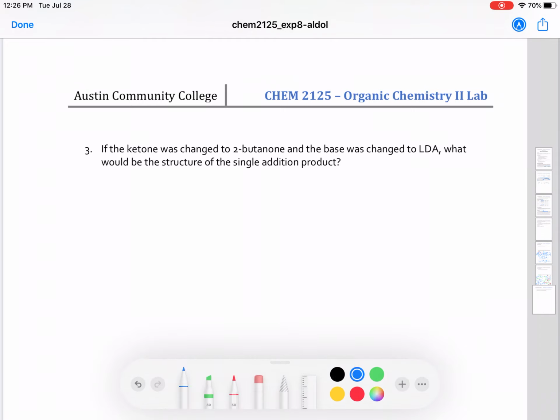So what is 2-butanone? 2-butanone is 4 carbons, and on the second carbon you have a ketone. And LDA is the base that you're going to use. And this is going to react with your aldehyde, which is the same aldehyde, benzaldehyde.